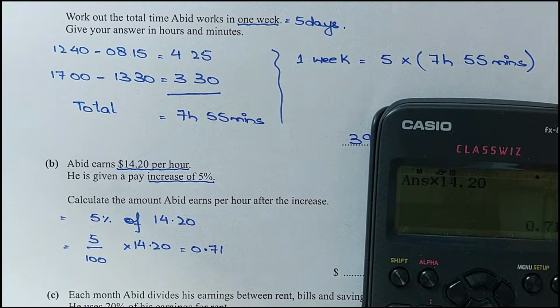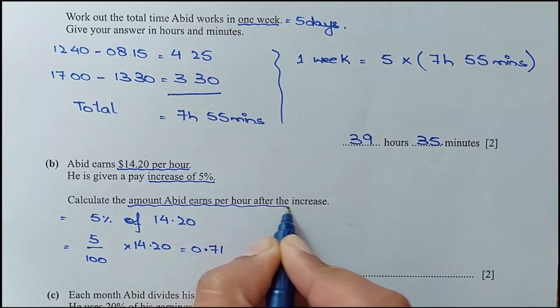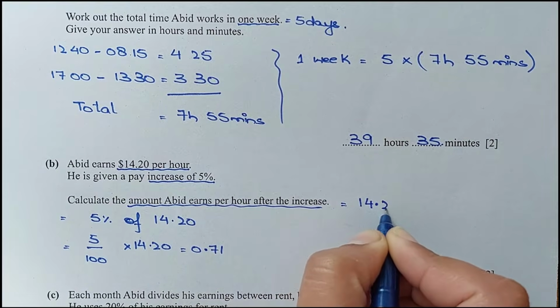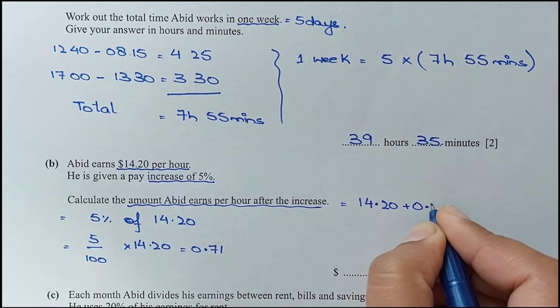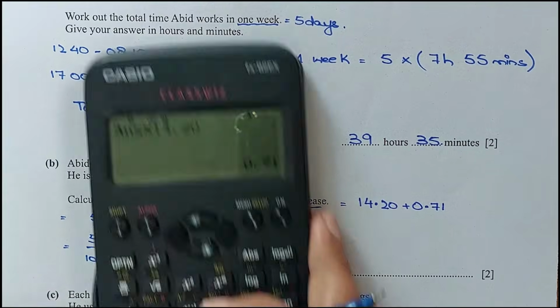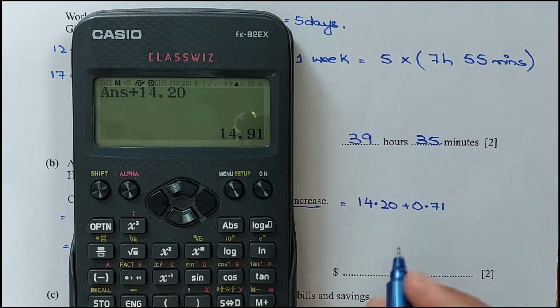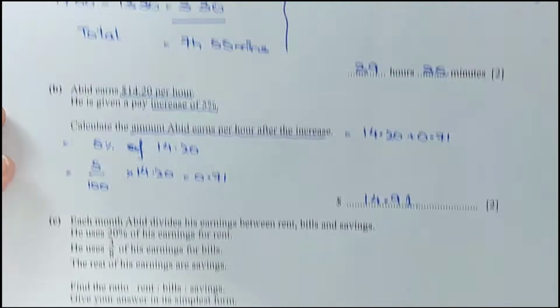Now we have to find the amount Abid earns per hour after the increase. So we add $0.71 plus 14.20. Now he earns $14.91 per hour after the increase.